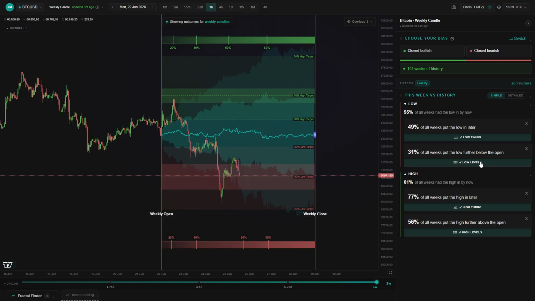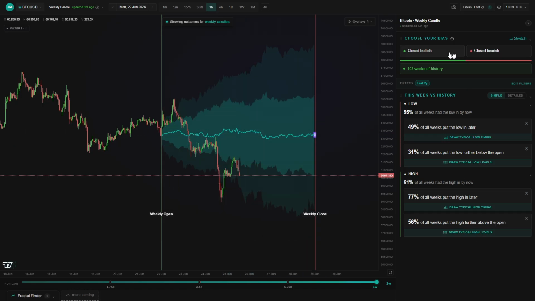Now, let's quickly remove all these drawings. What I want to have a look at is this target. So let's say this is going to be my target. I want to click on reached target, and it's going to show me all the weeks of the 103 weeks of history that we are looking at that would hit this target, so this level, throughout the week.